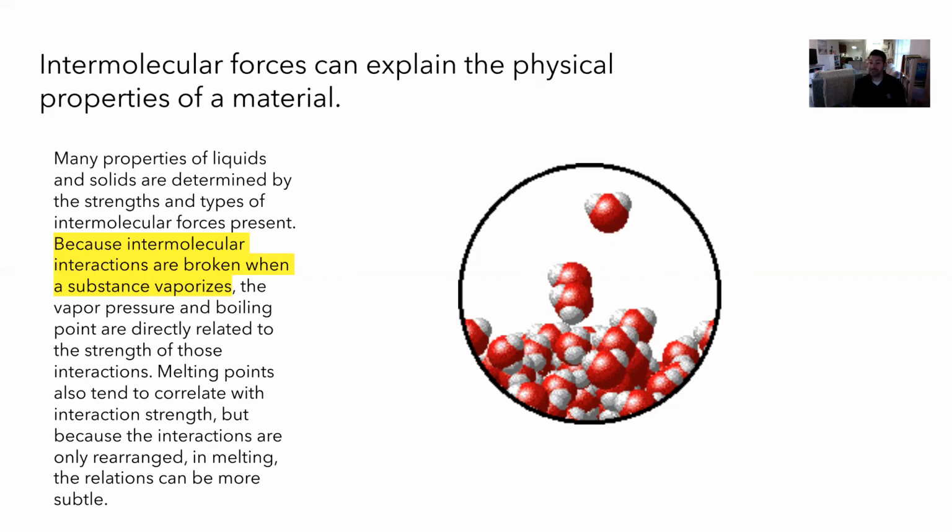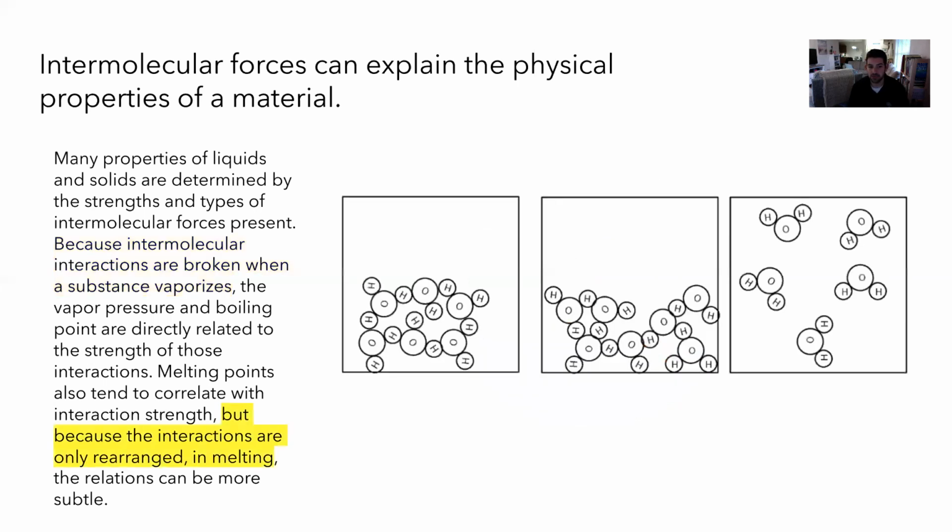So those intermolecular forces are keeping it in the liquid phase, all right? And that's what's gonna get broken when we talk about a substance vaporizing, all right? So the vapor pressure and boiling points are directly related to the strength of those interactions. Different molecules will have different types of intermolecular forces, and based on how strong or weak those are, that's how we'll come up with their vapor pressure and their boiling points.